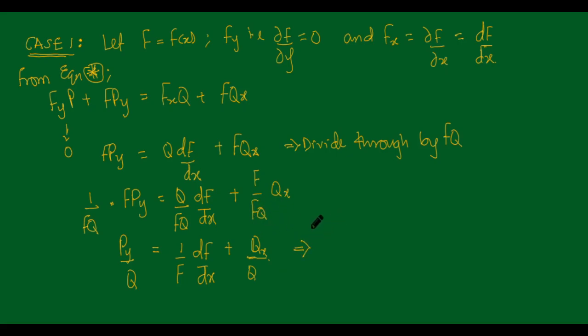We can collect like terms here, saying 1 over f df/dx will now equal p subscript y divided by q minus q subscript x divided by q, which can be further simplified as 1 over q into brackets p subscript y minus q subscript x.